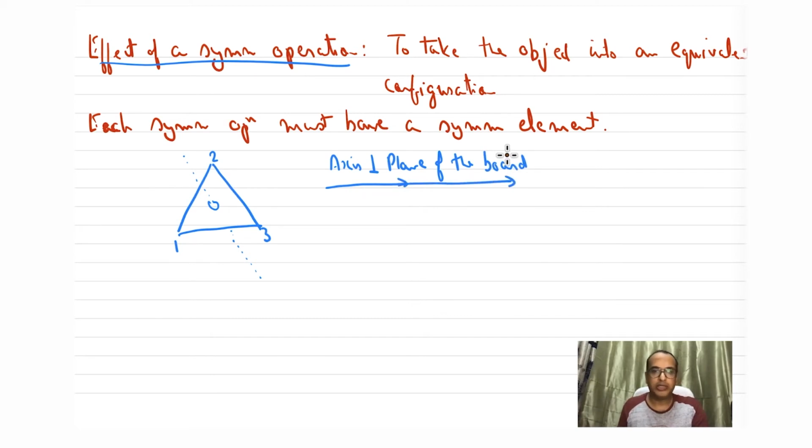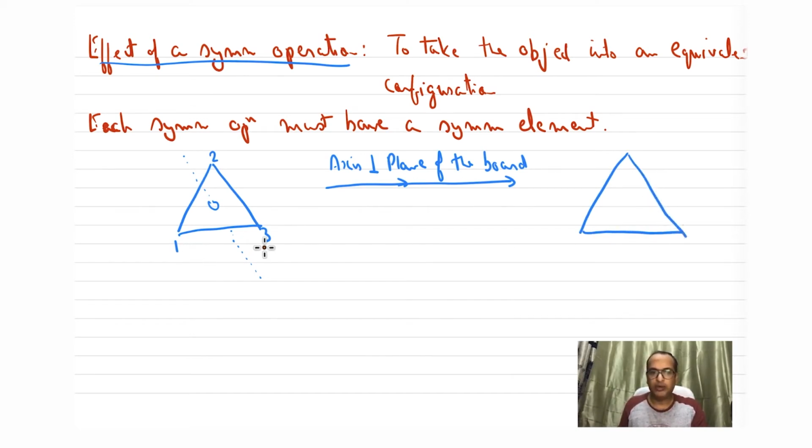Now you do a rotation about this axis and rotate it by, let's say, 120 degrees. Okay, and all the rotations in this class will be anti-clockwise. So you rotate it anti-clockwise by 120 degrees. What do you get?